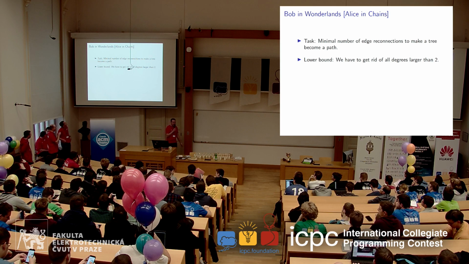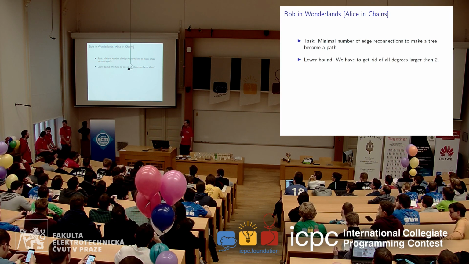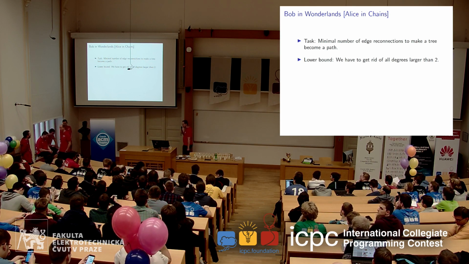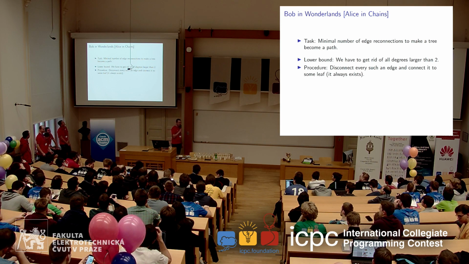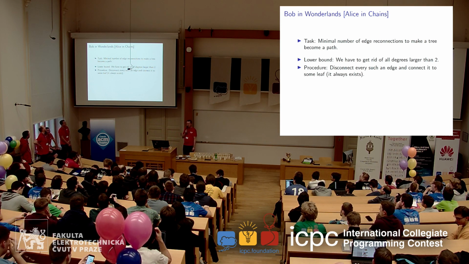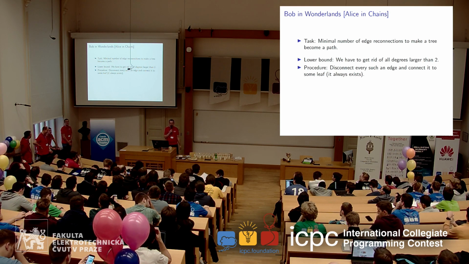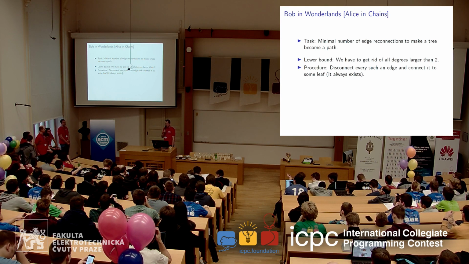You can easily see that we need to get rid of all degrees larger than 2. And we can also see that there is an easy procedure to do so. Just disconnect an edge and connect it to some leaf in the other component, which always exists.